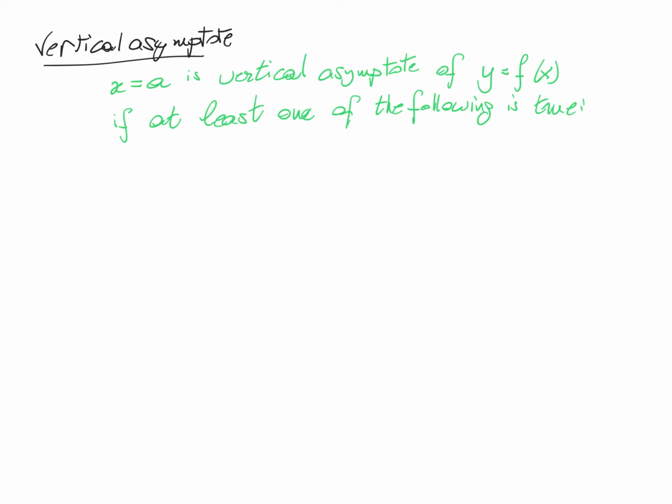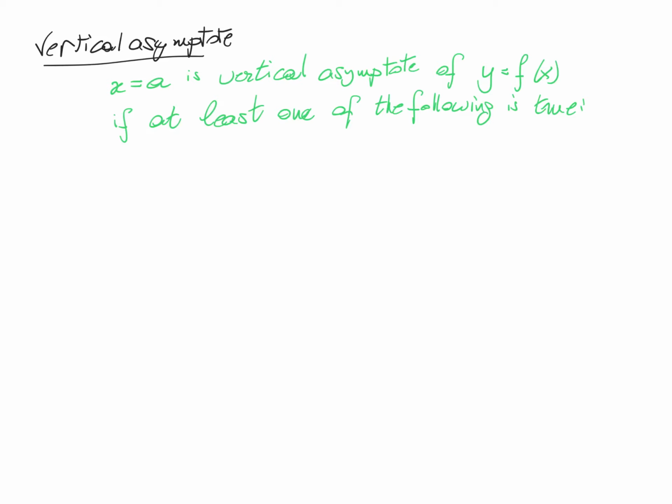Strongly linked to infinite limits are vertical asymptotes. A line x equal to a is a vertical asymptote of the function y equal to f of x if at least one of the following is true.